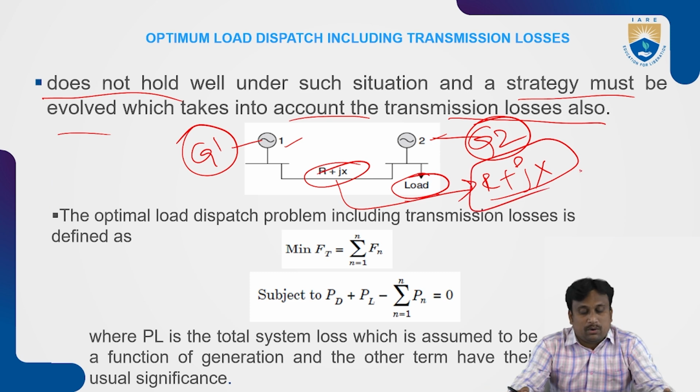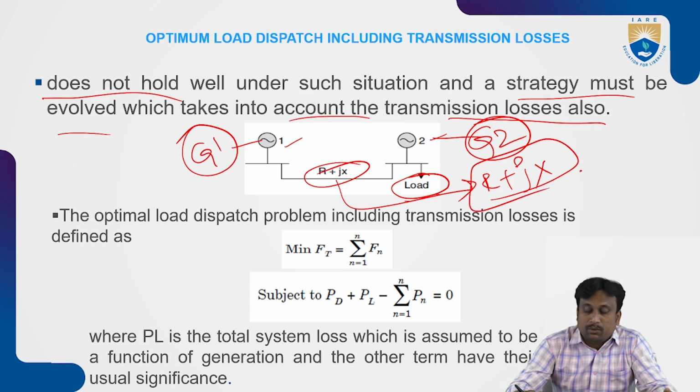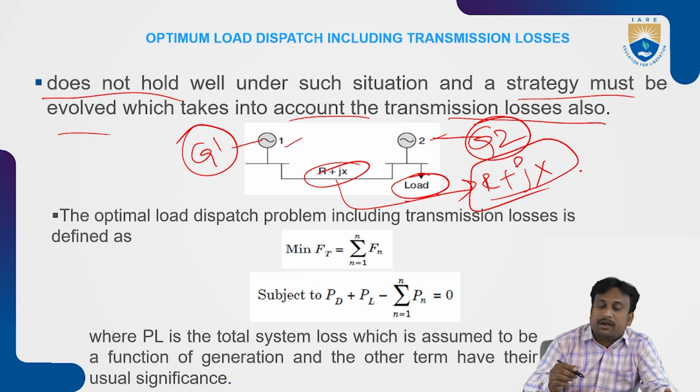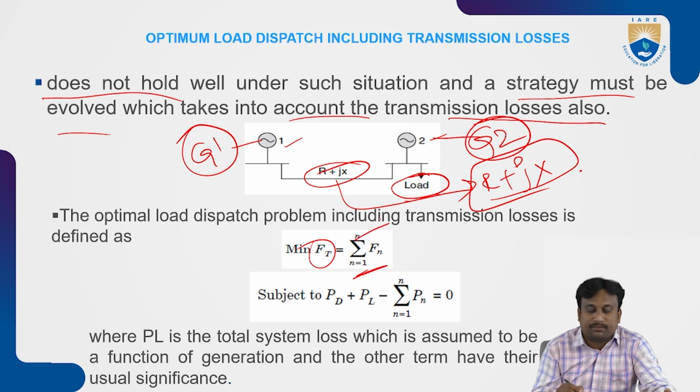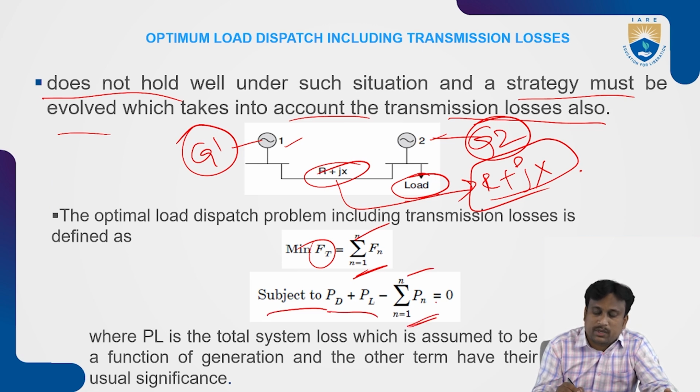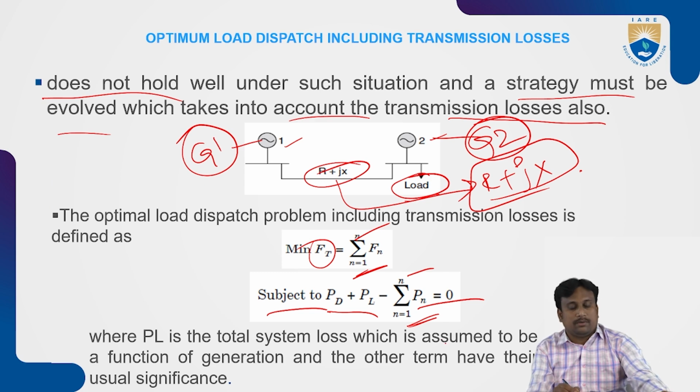The optimal load dispatch problem including transmission losses is defined as minimizing the cost, that is F_T equals summation n equals 1 to N of F_n, which is subject to Pd plus PL minus summation n equals 1 to N of Pn equals 0.